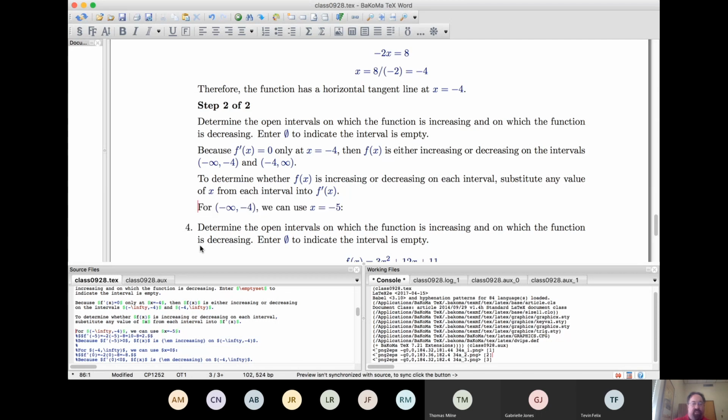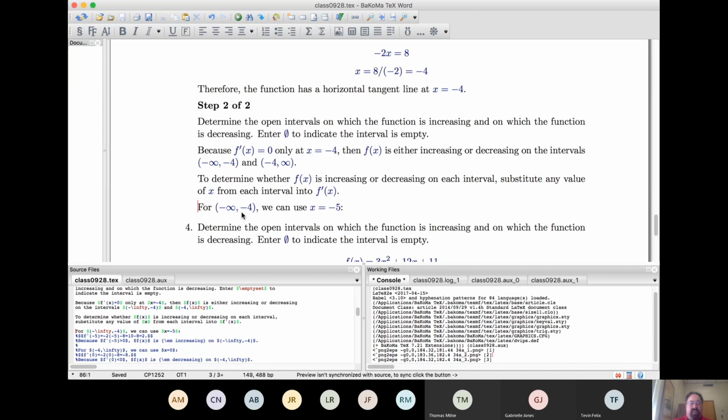Just as an example, I want to find out if f is increasing or decreasing on this interval. I need to pick some x value in here, so I just choose x equal to -5. Again, it's up to you. Whatever interval I have that's containing 0, I tend to choose 0 just because it's often a convenient value of x to work with.